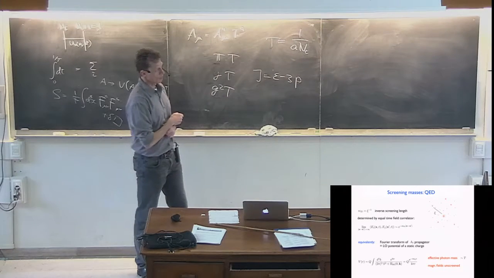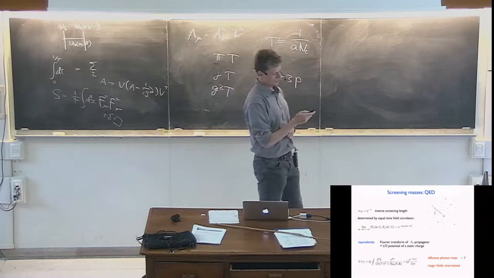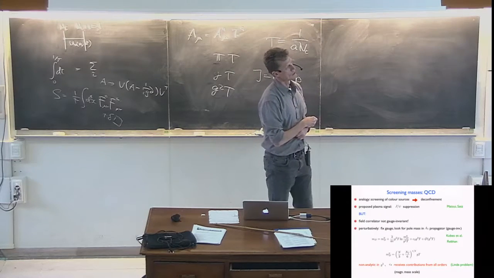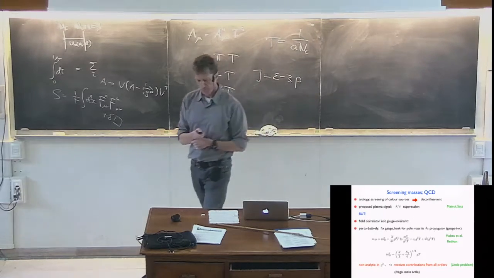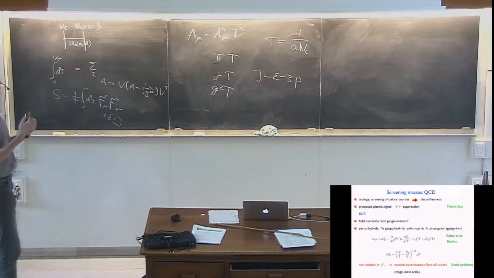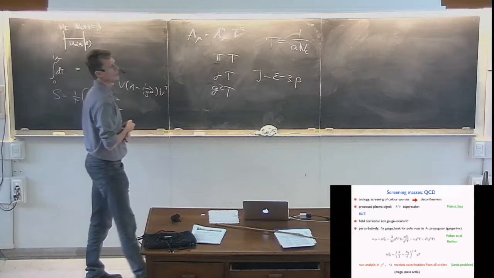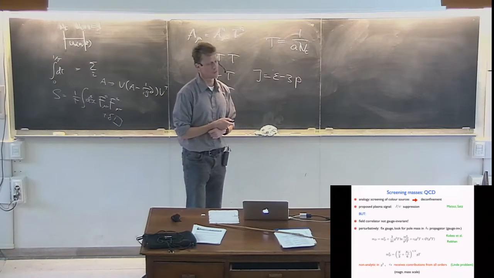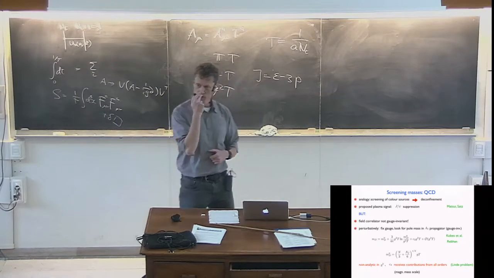So this is the concept in QED, and now people tried to translate this to QCD and to take the appearance of screening as a signal for deconfinement, which is also employed in heavy ion collisions.